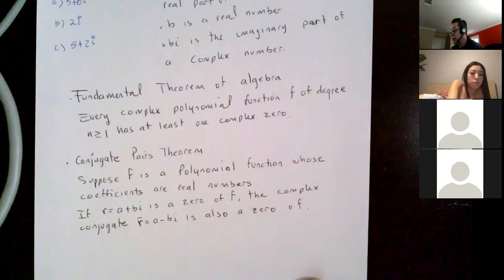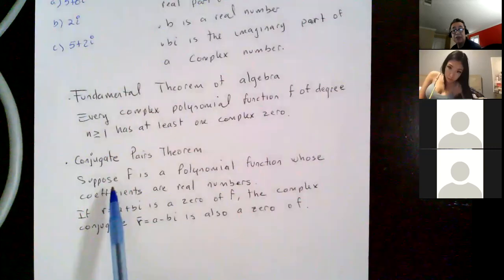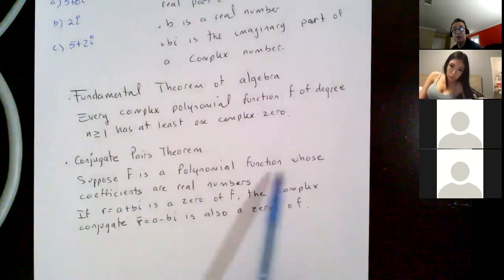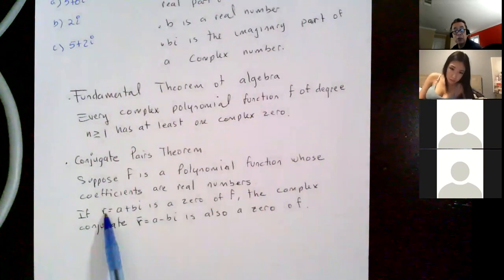Okay, now let's read this conjugate pairs theorem. It says, suppose f is a polynomial function whose coefficients are real numbers. It says if r is equal to a plus bi, think of r as x.